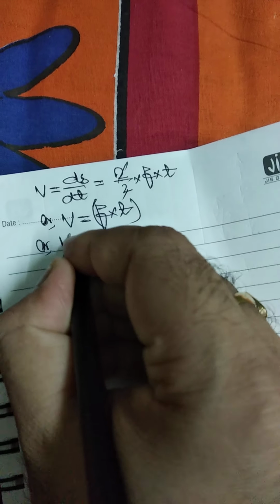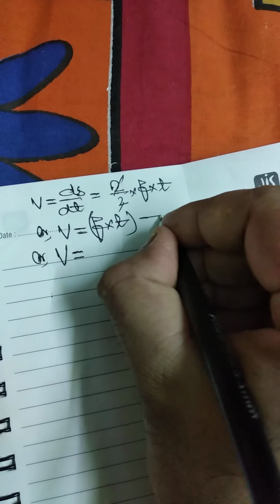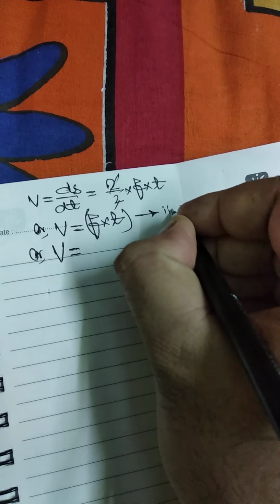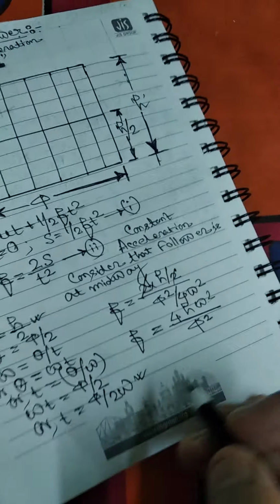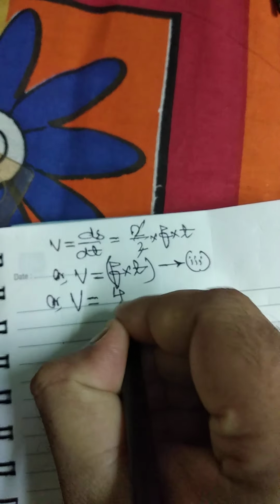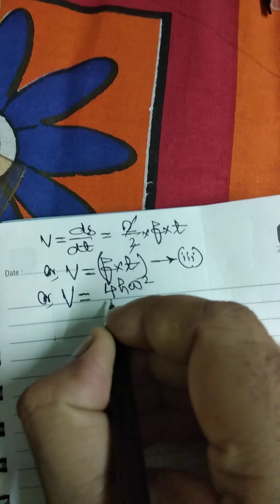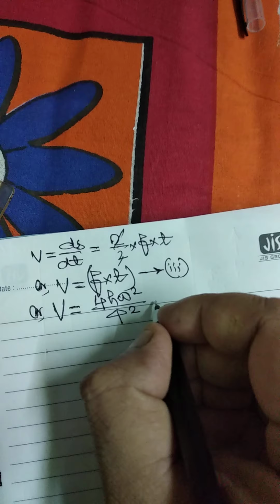Now put the value of f into this equation number 3. Then v equals 4h omega square by phi square, multiplied by t.